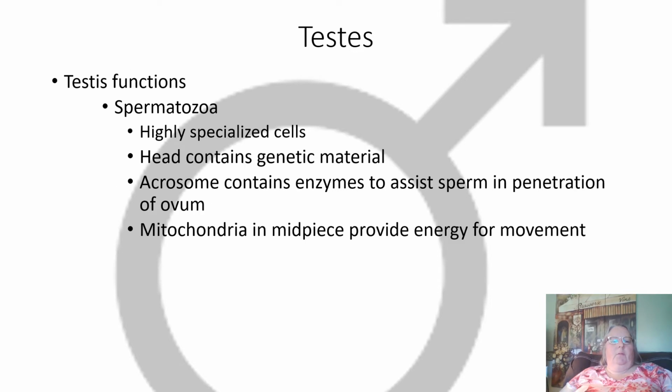On the previous slide, we talked about the creation of spermatozoa in spermatogenesis. What the spermatozoa looks like is a highly specialized cell with a head and a tail, and the head contains the genetic material.